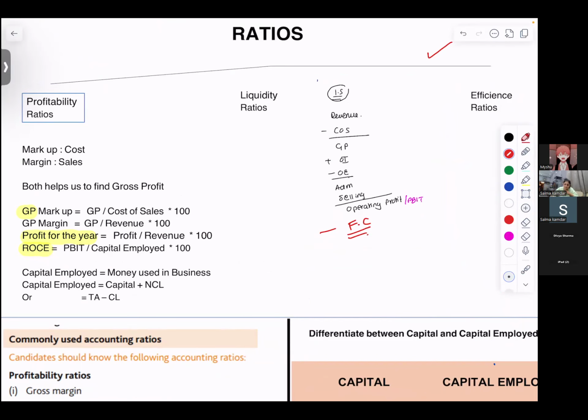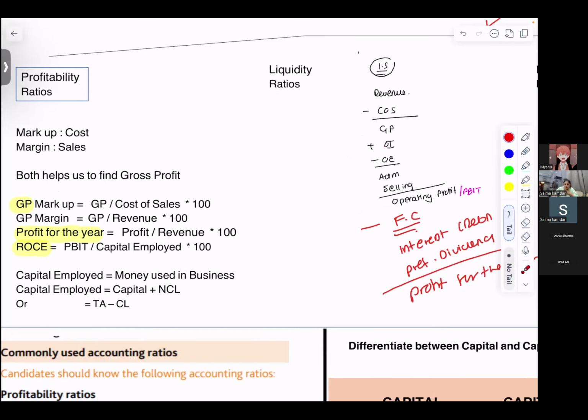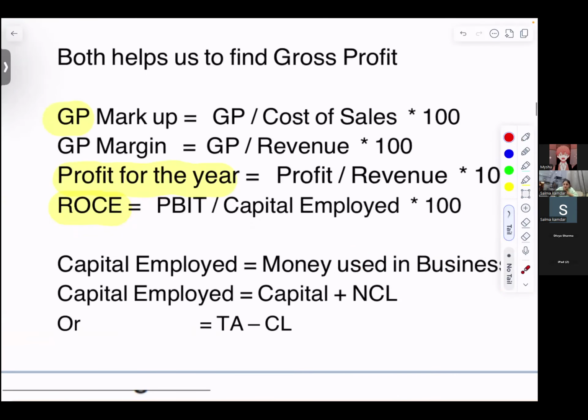All the interests and your preference dividend. Which interest? The debenture interest and the preference dividend. After you minus the finance cost, the profit that you get is your profit for the year. I hope you're with me. So for profit for the year, the formula is profit divided by revenue times 100.